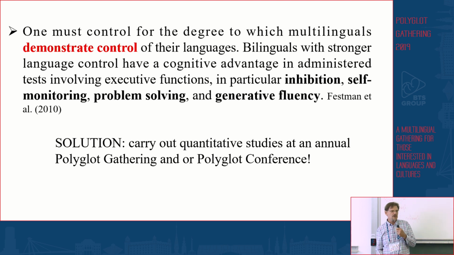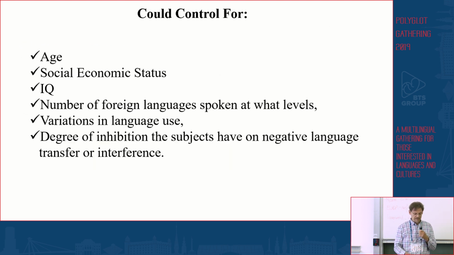So what's the solution here? Hopefully people who do these experiments will watch this and say, oh yeah, I should come to a Polyglot Gathering or a Polyglot Conference or Langfest in Montreal. Would you participate in such a test? Yeah, it'd be really fun.